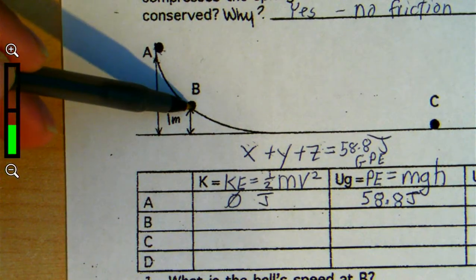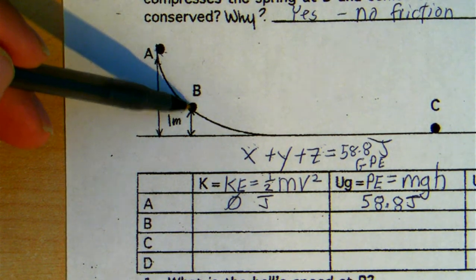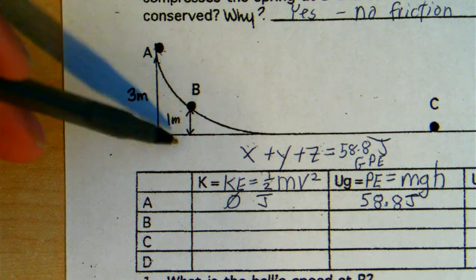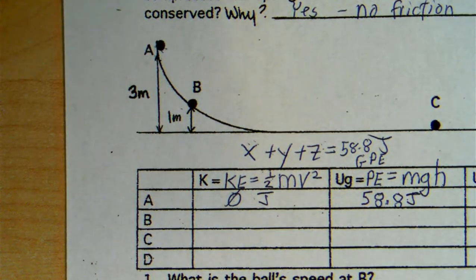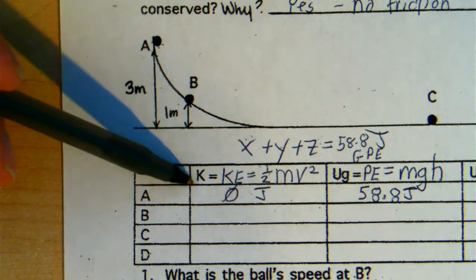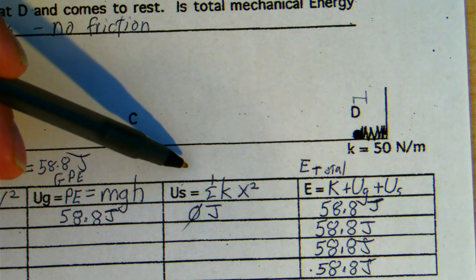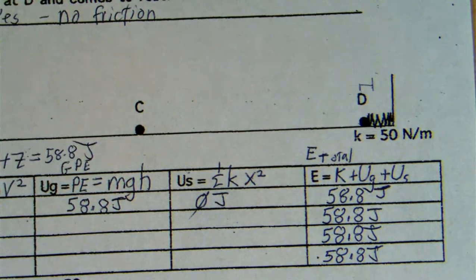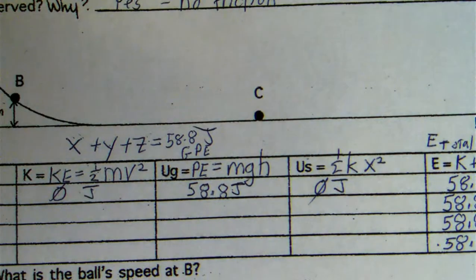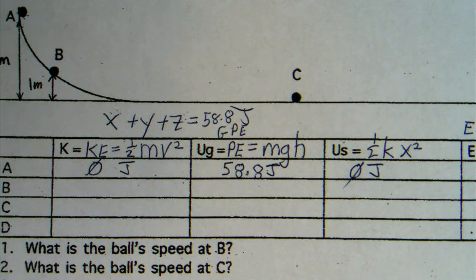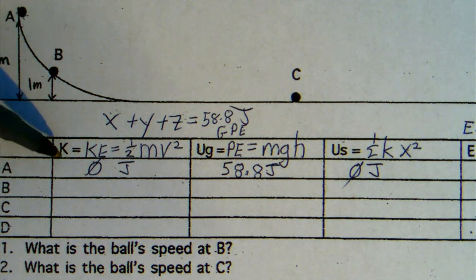At point B, they are not telling us how fast it's moving, but they are telling us that it is 1 meter above the ground. So which of the three variables should we calculate? K, UG, or US? Eric, at point B. Should we calculate K, UG, or US?